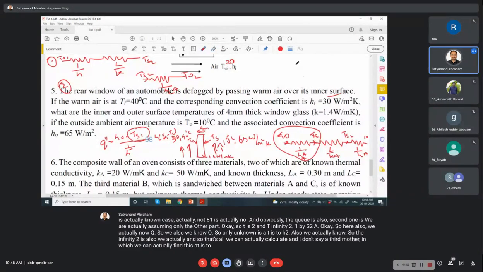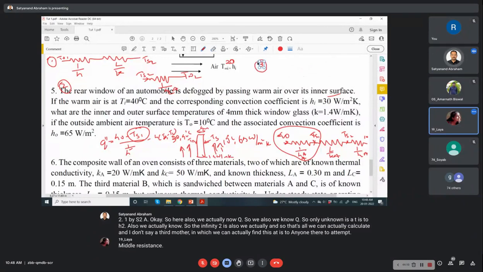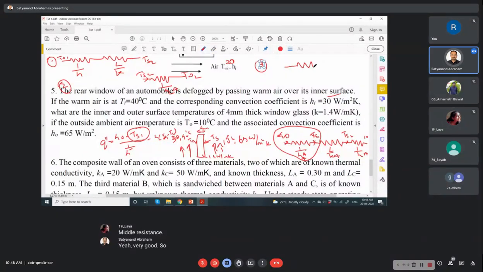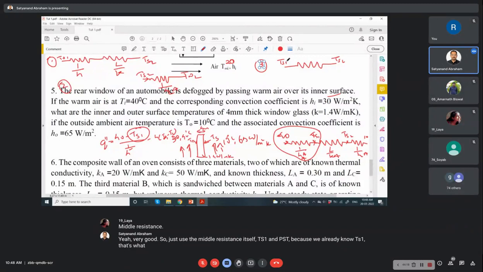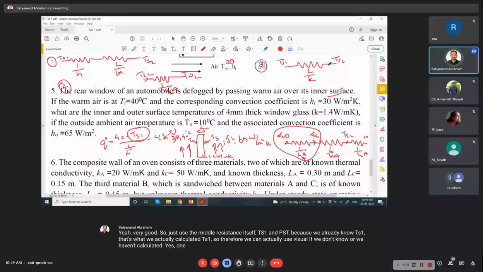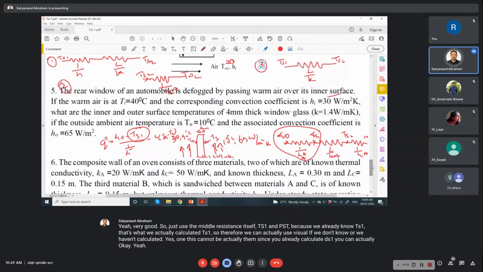Anyone dare to attempt? Middle resistance, yes, very good. We can just use the middle resistance itself, between Ts1 and Ts2, because we already calculated Ts1. If we hadn't calculated Ts1, this could not be done. Since we already calculated it, we can use it. So this way you can calculate both Ts1 and Ts2.